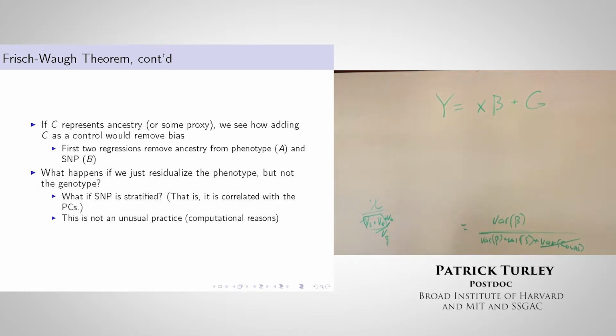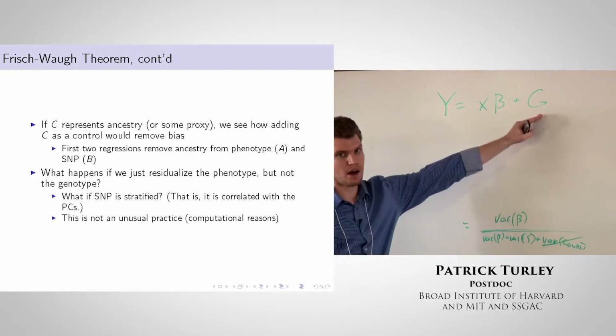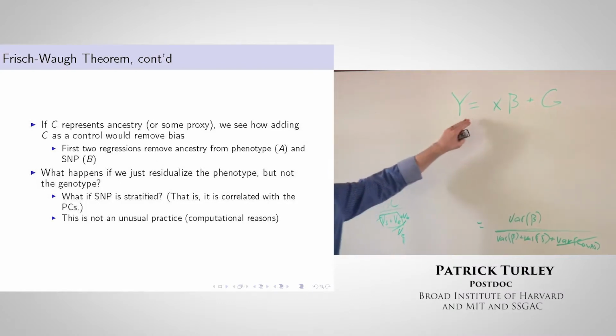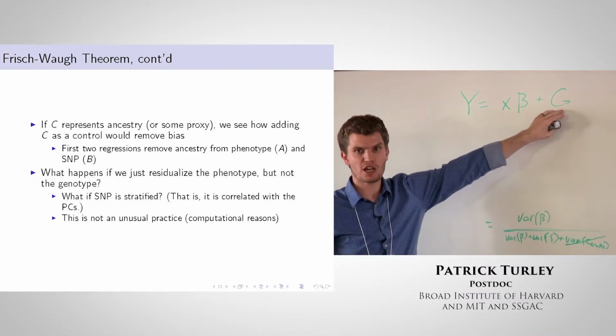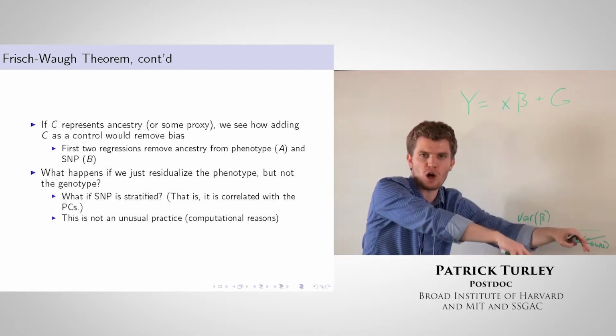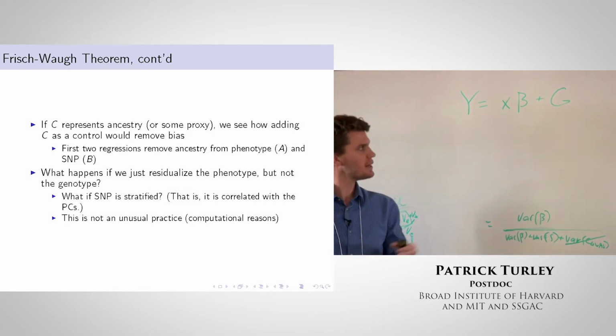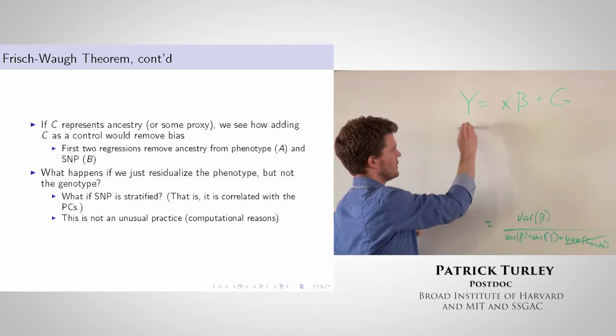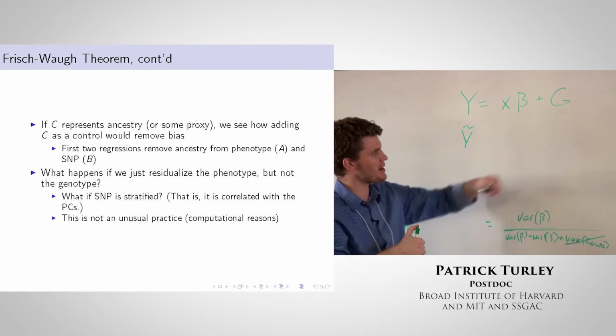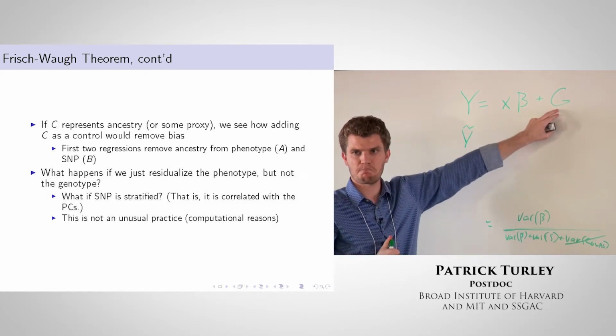In the first regression, where I regress y on just g and take the residual, all that's left in y is variation that's not due to g. So y tilde doesn't contain any information about these ancestry fixed effects.